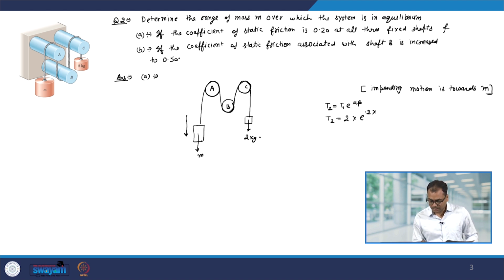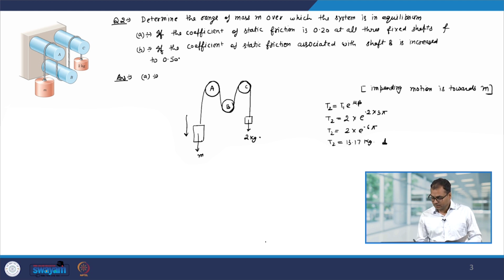So, here it is a pi angle plus pi angle plus pi angle, so it is 3 pi. Okay. Therefore, T2 will become 2 into e to the power 0.6 pi, and this gives you T2 equal to 13.17 kg. So, this is one limit for which the mass m is going to go downward.